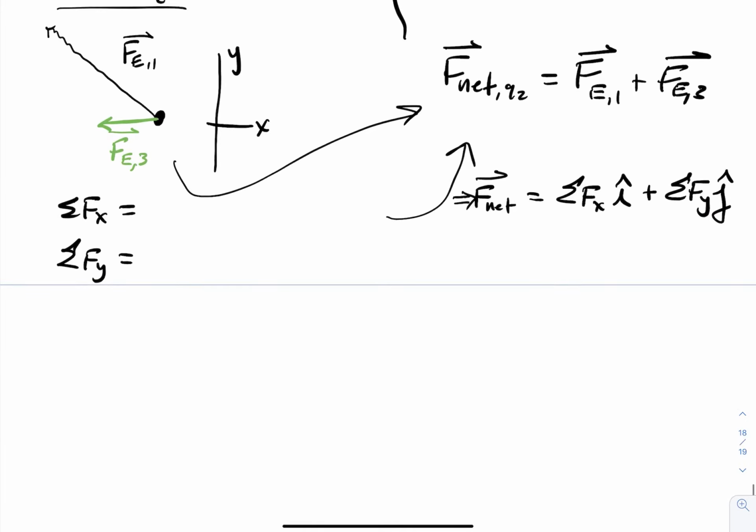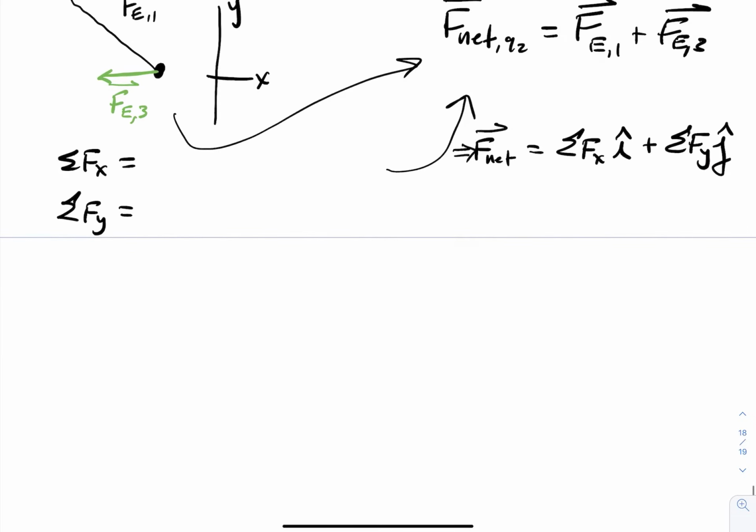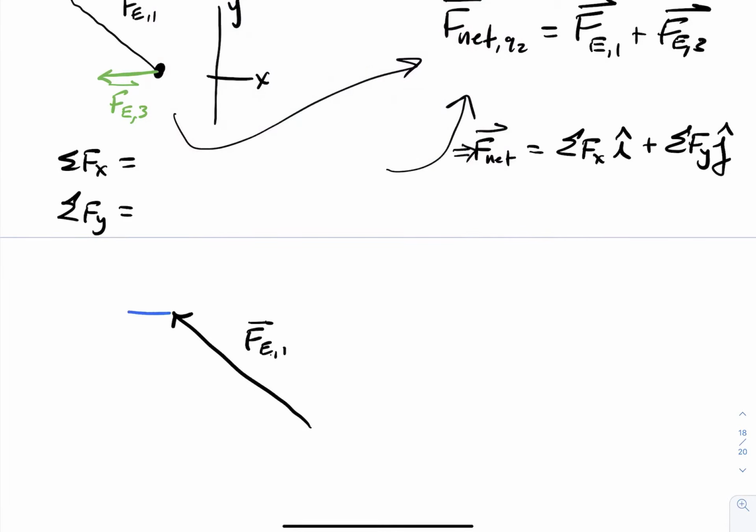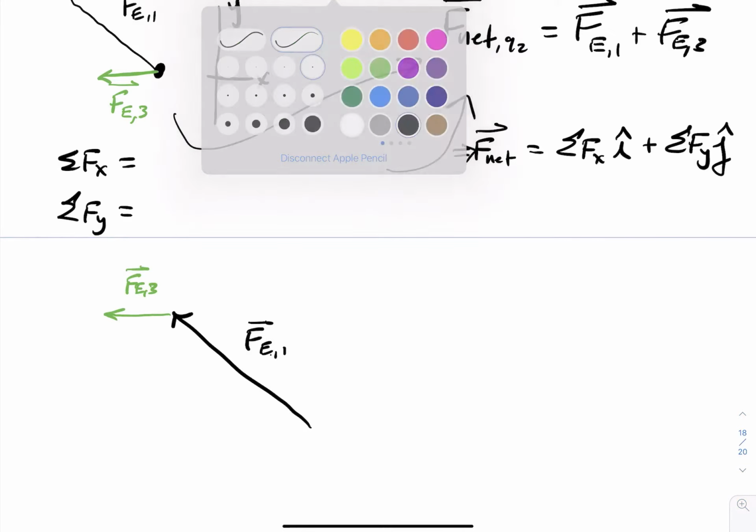A different thought process might be to diagrammatically add these forces together. You could take Fe1 and add it to Fe3. Oh, I did it in green. And then you can tell when you add these tip to tail.